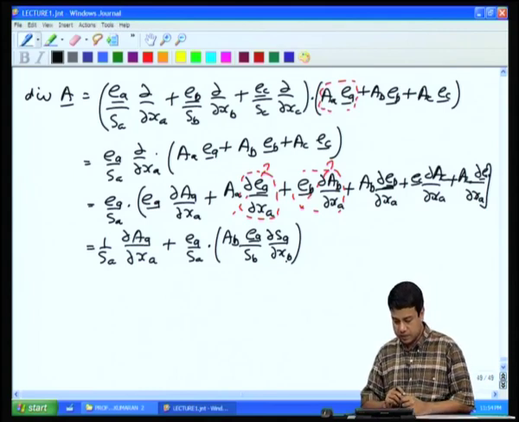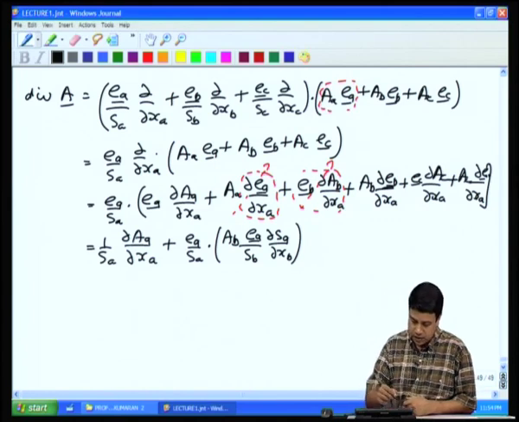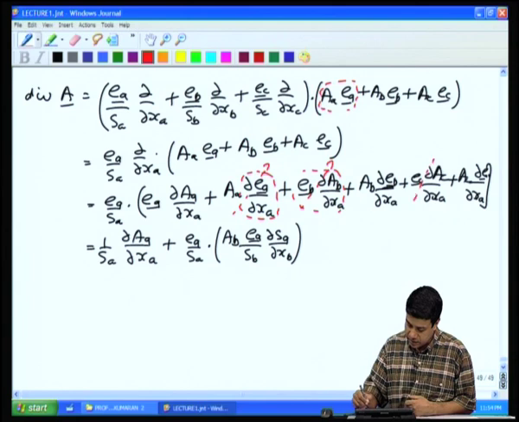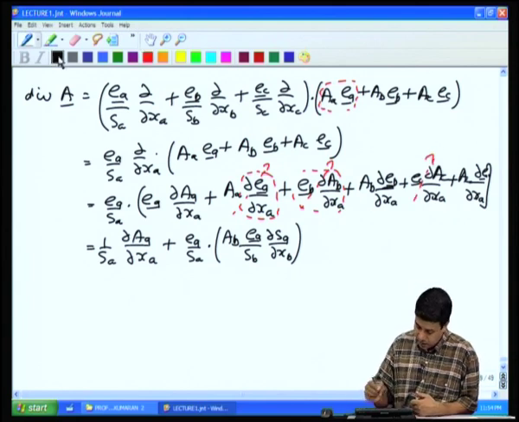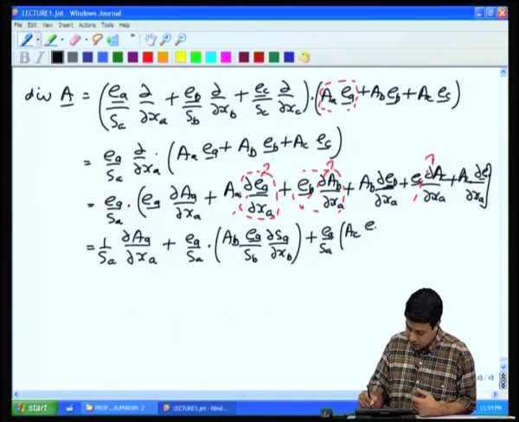So, that is the expression for ∂e_B/∂x_A. Okay. Similarly, in the fifth term, e_C dot e_A is equal to 0. Okay. The fifth term e_C dot e_A is equal to 0, and the sixth term just gives me e_A/S_A into A_C times e_A/S_C ∂S_A/∂x_C. Okay.